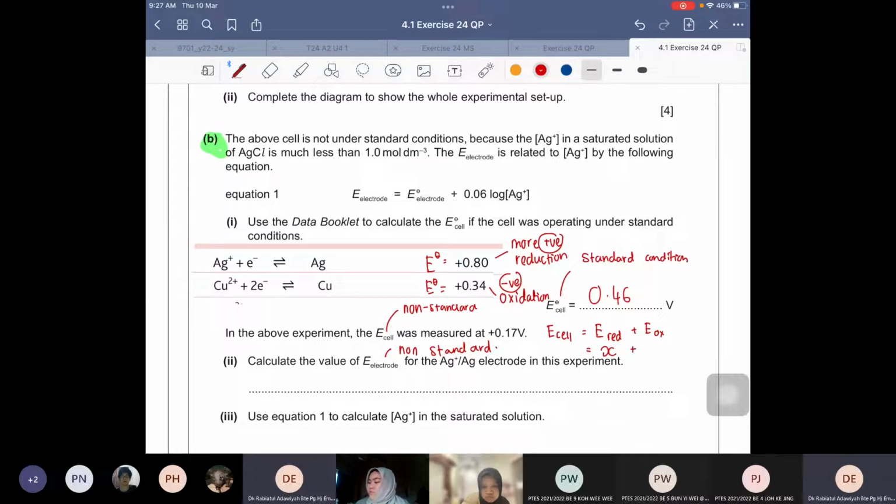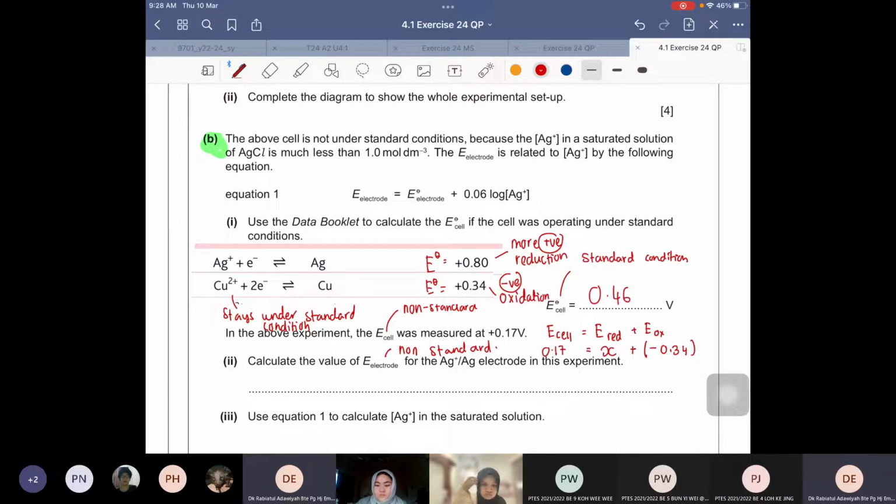But the electrode potential of oxidation, which is of the copper, is negative 0.34, because copper stays under standard condition. So the E naught value stays as 0.34 if we are looking at reduction. But since at the copper half cell oxidation happens, I have to swap the number to negative 0.34.